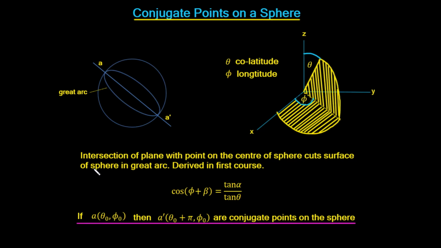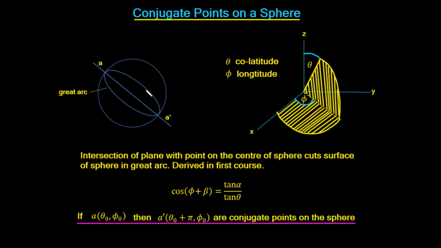Now we've seen in the previous course, whenever we looked at the sphere, that we can derive the great arc on a sphere if we think about having a plane which runs through the centre of the sphere. So if you've got any plane that has a point which is the centre of the sphere, the intersection between that plane and the outer edge of the sphere will provide us with the great arc.